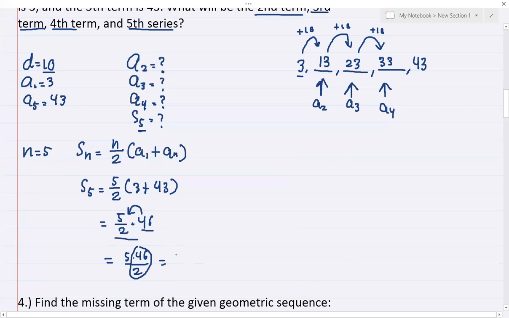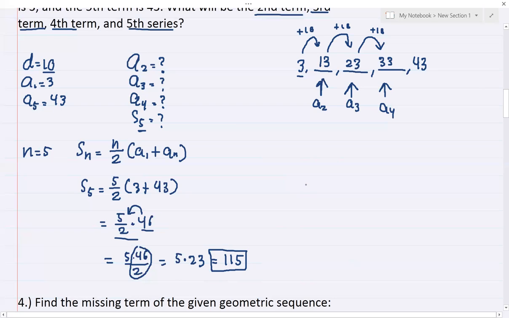So 46 divided by 2, you will have 5 times 23, because 46 divided by 2 is 23. So let's multiply. 5 times 23, you will have 115. So that's it. That is your final answer.